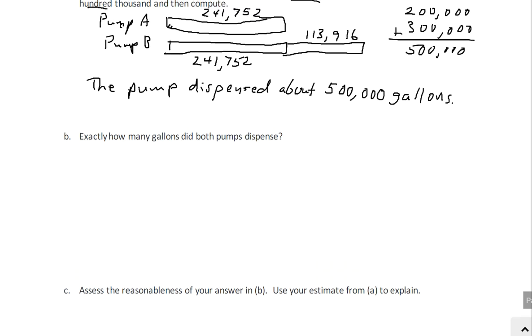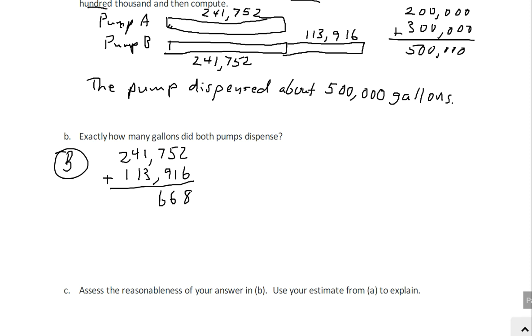So now we're going to add up 241,752. And then to that, we're going to add 113,916. This is to get pump B. All right, so let's see, 6, 7, 8, 5, 1, 6, 7 is 16, that's 4, 354,000.